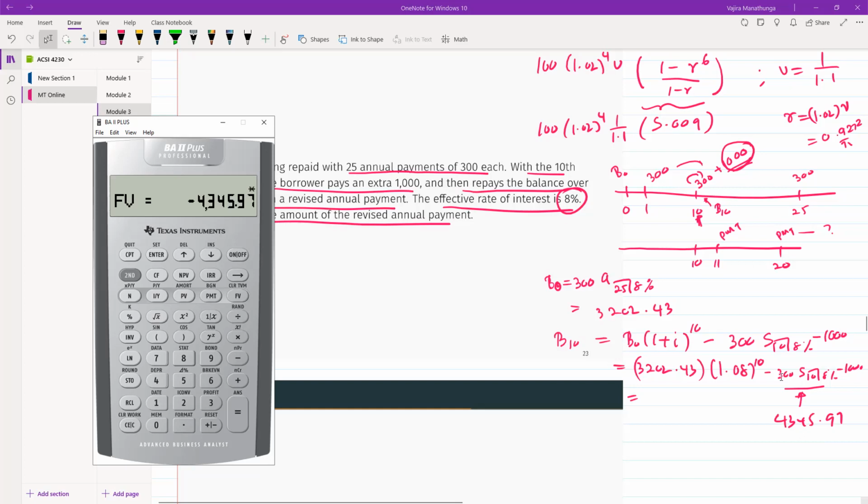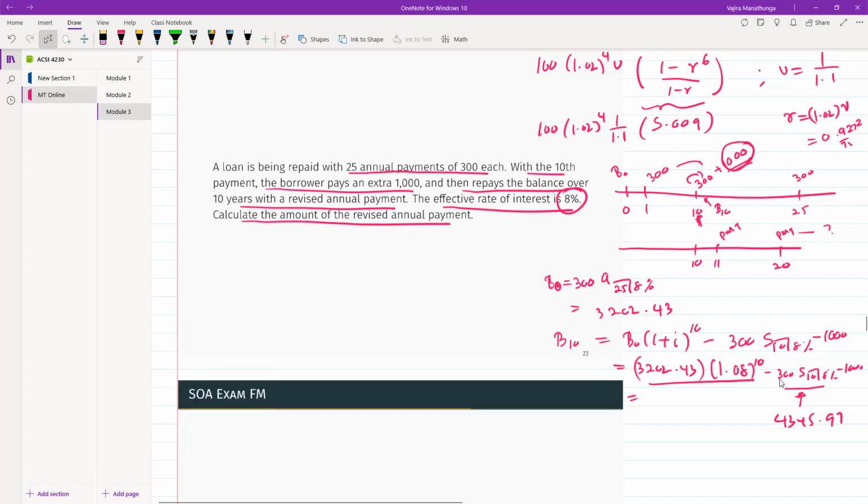Okay, so let's use our calculator and then do this full calculation. Okay. So here we get 3,202.43 times 1.08 to the 10, subtract the 4,345.97, subtract $1,000.